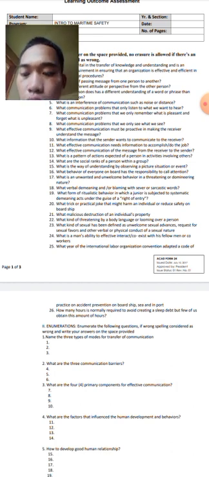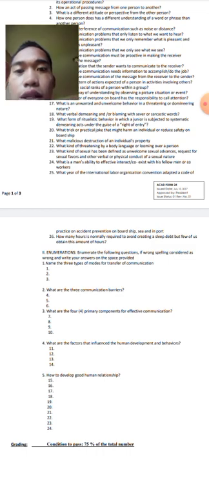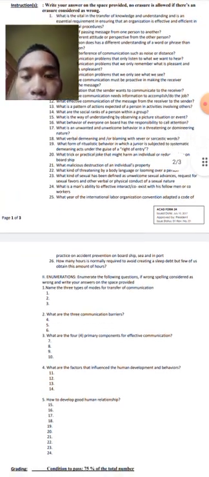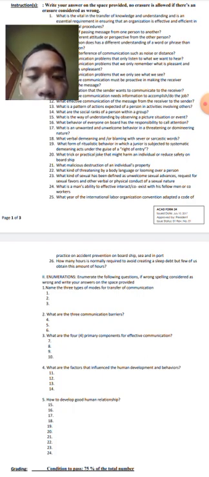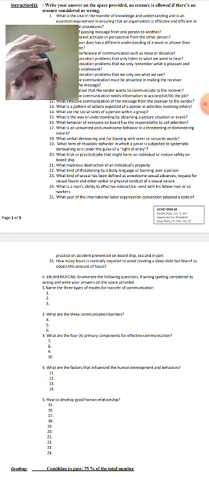It was 1970. Number 26, the last number of this one. How many hours are normally required to avoid creating a sleep debt, but few of us obtain this amount of hours? Maybe 8 hours. 8 hours is the normal requirement.